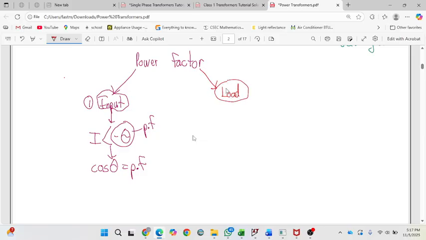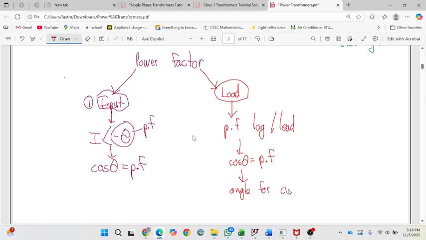And with the load, they might say power factor, lag, or lead. And basically with that, remember, cos theta is the power factor. And this is giving you the angle for your current on both sides, which is the current for your input.